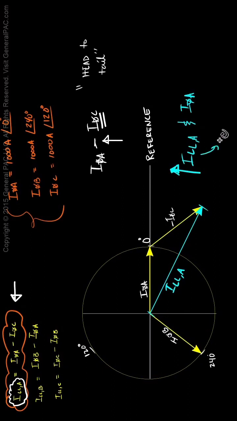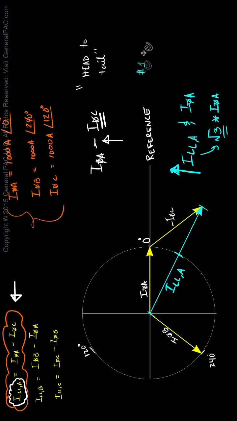We will find the line current is actually a square root of 3 times larger than the phase current. So if we take phase current here and line it up with our line current, we would be at this point here. But when we sketch it, we have to multiply it by square root of 3, or 1.73, to make it equal to our line current.